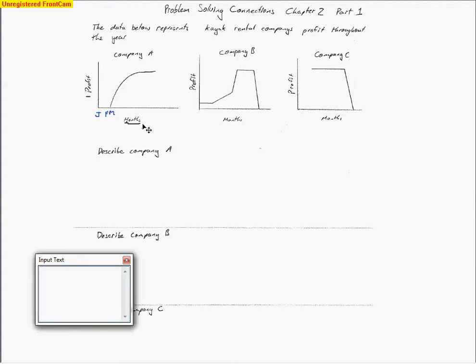And so what I would say is Company A starts up after the first of the year.